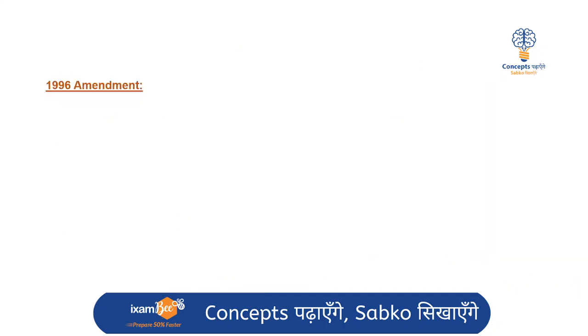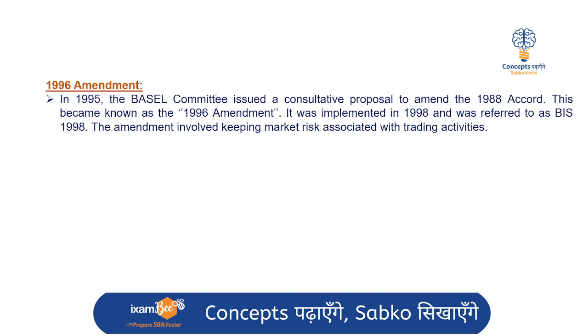After 1988 various other changes were also discussed, and there was a need felt for the same. So for that the 1996 amendment also came into picture. It was implemented in 1998 and was referred to as BIS 1988. The amendment involved keeping capital for market risk associated with trading activities.